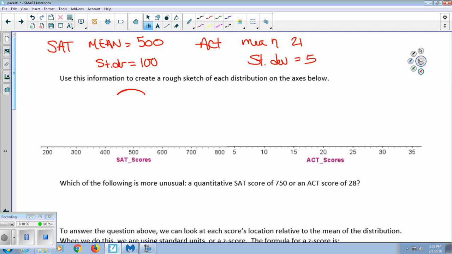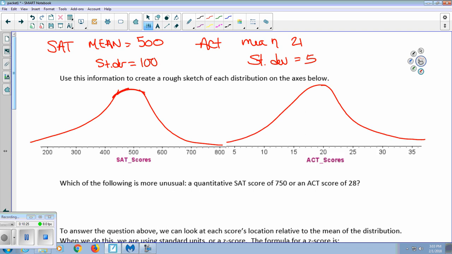So if the mean is 500, the peak of our distribution is going to be over 500, and it's going to have this kind of curve to it. And again, over here for the ACTs, we're going to have our peak over 21. And we're going to talk about this type of distribution soon, giving it a name.